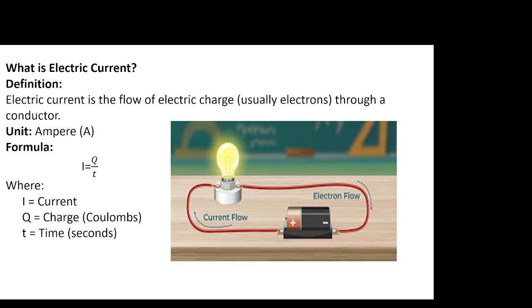How can we define 1 ampere current? 1 ampere current flows in a conductor if 1 coulomb of charge flows through it every second. Okay, this is the electric current term.